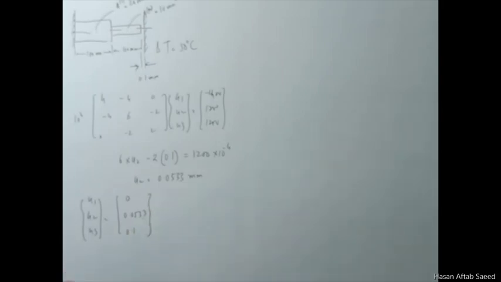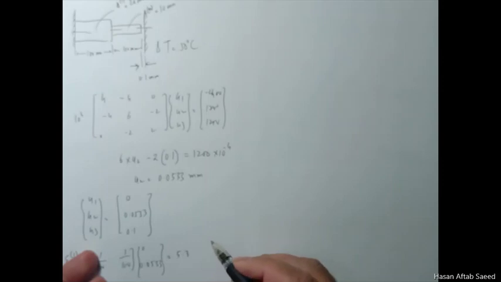So let's do the remaining formalities. Epsilon 1 comes out to be minus 1 over 100, 1 over 100, which is 5.33 into 10 raised to power minus 4.